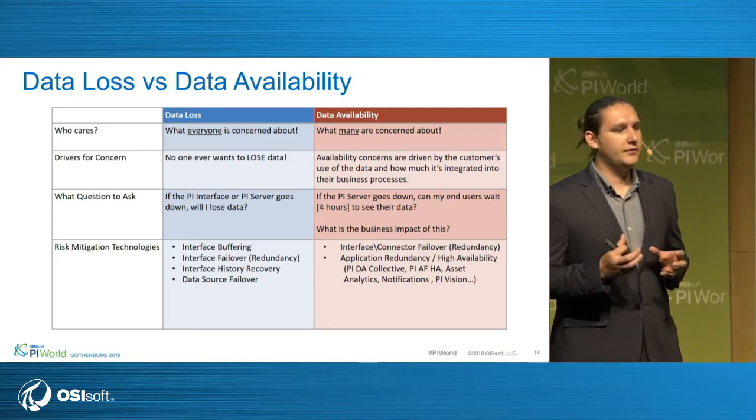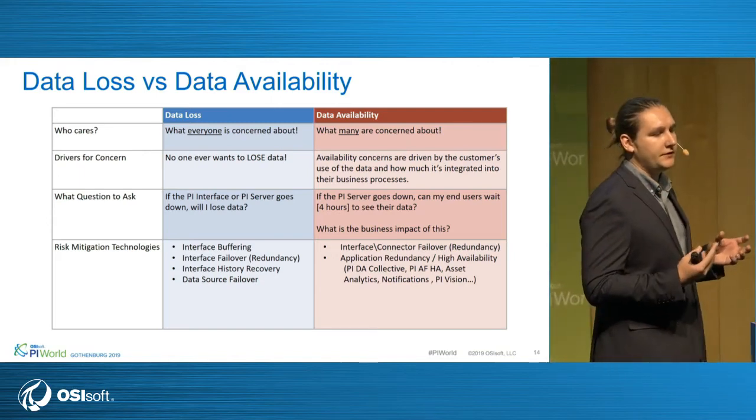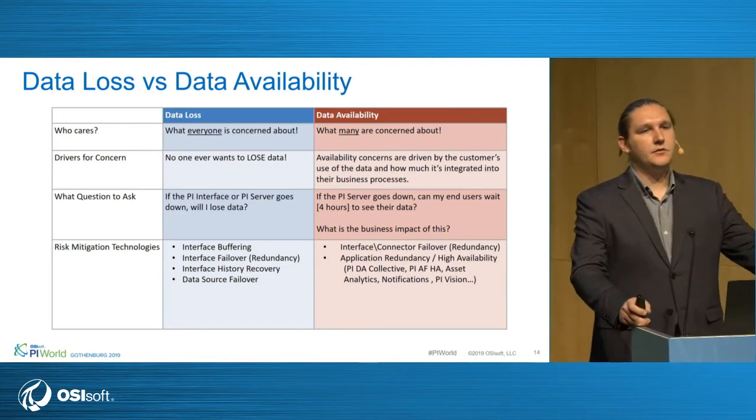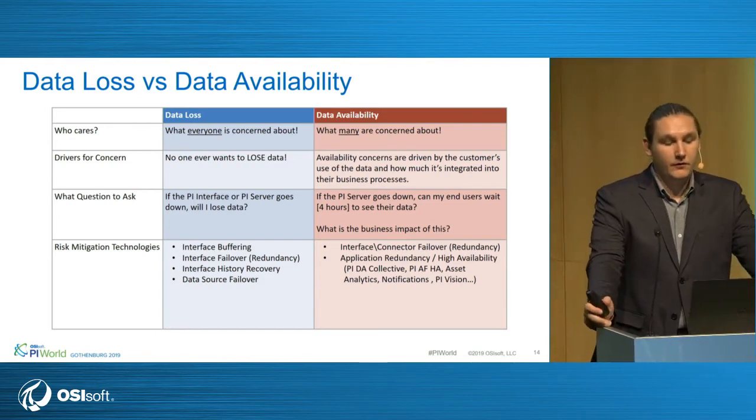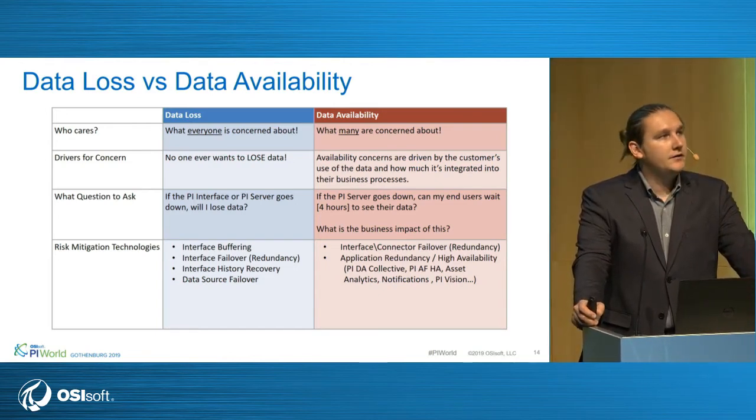There are different techniques, different technologies that allow us to mitigate these risks. For example, interface buffering, interface or connector failover. We also have interfaces that allow the history recovery option, for example, the OPC HDA interface.